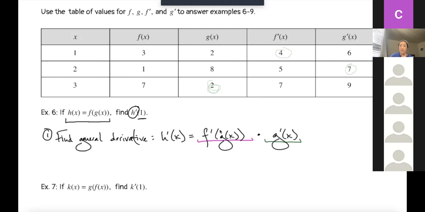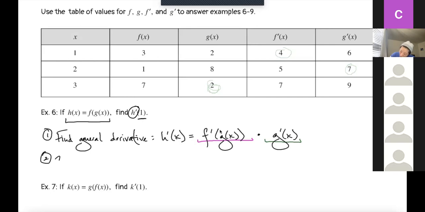Now I think this step is really hard because it's so concept based and you don't have any numbers to work with. You're just saying, what is the formula that we're using here? The second step is where we get to actually put in the numbers and find a number answer.